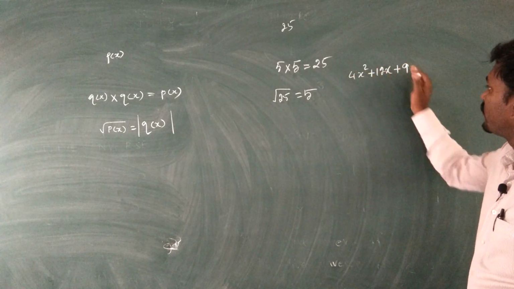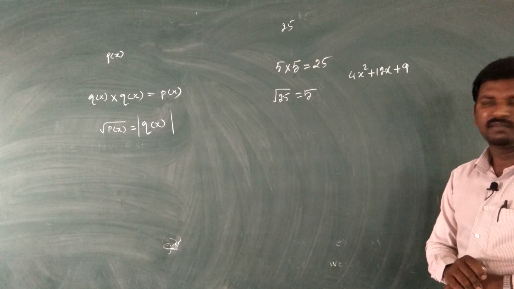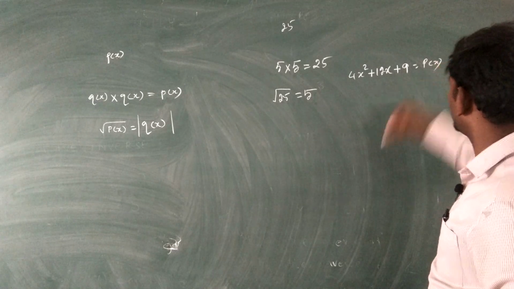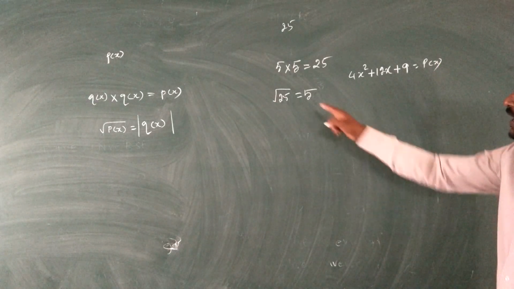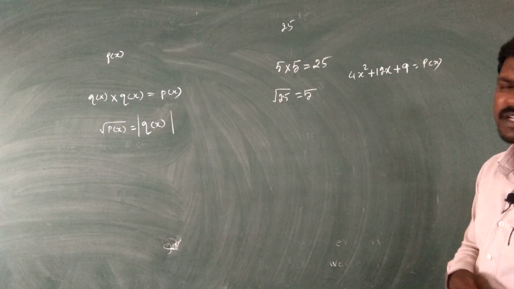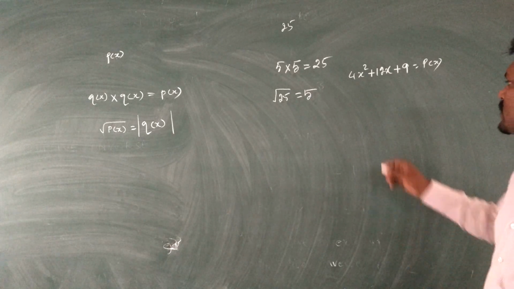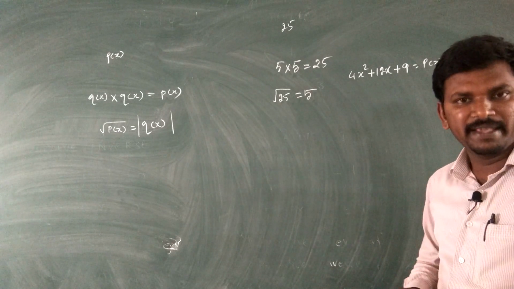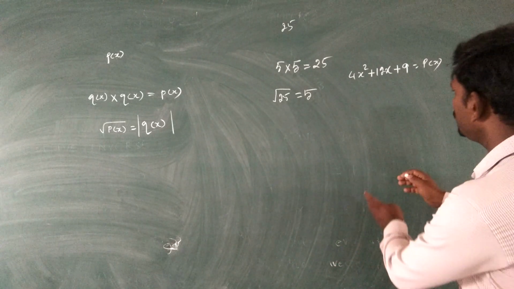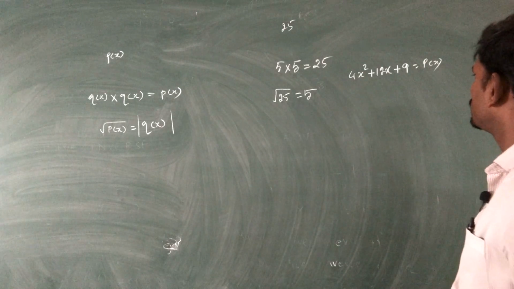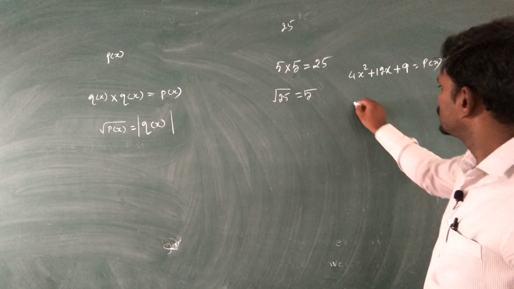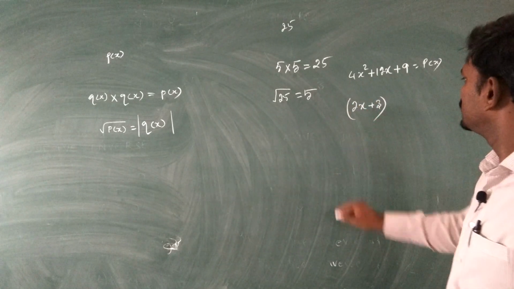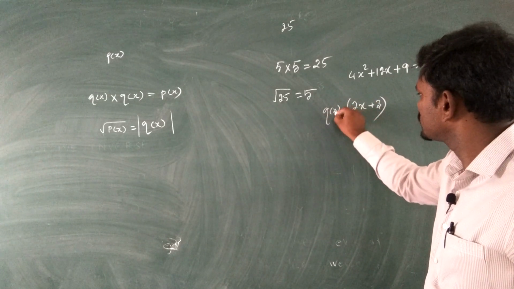We will see. If this is p of x, we have to find the q of x. When we multiply another polynomial by itself, it should give 4x square plus 12x plus 9. So 2x plus 3, this is q of x.